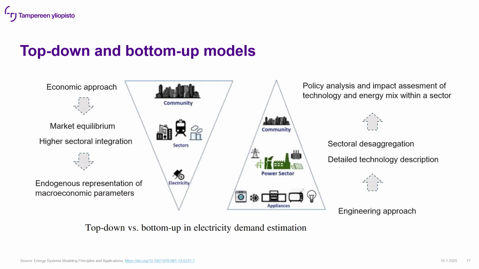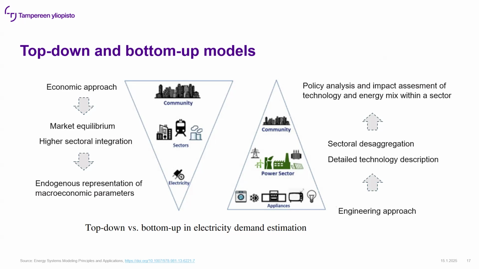The top-down and bottom-up models. So the bottom-up models start with this kind of an engineering approach, and it starts with a really small level of technological detail. For example, you have the power plants, and then you start calculating their efficiencies and so forth. Sectoral disaggregation.